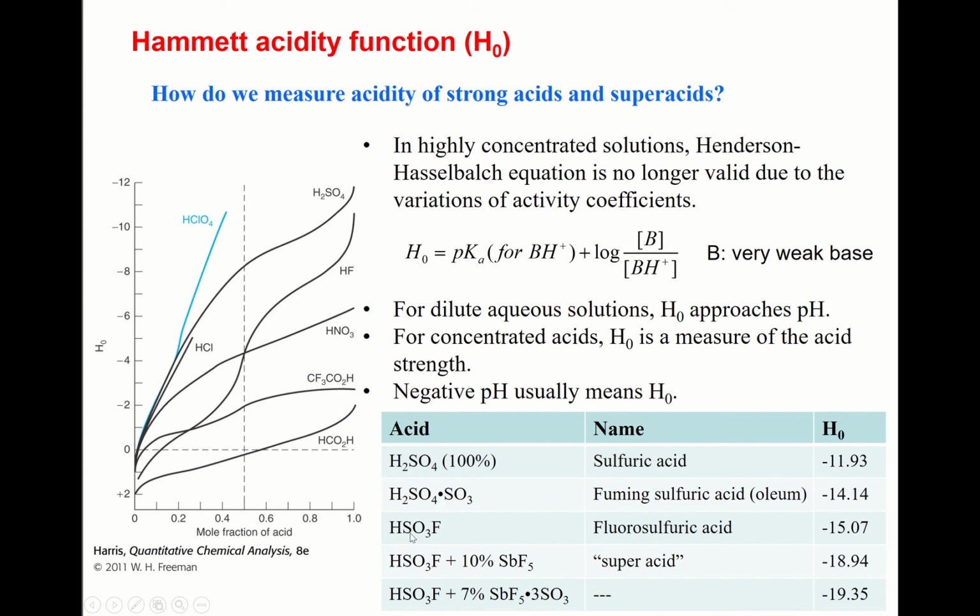Or this one, fluorosulfuric acid with 10% antimony pentafluoride. This is called a superacid. The acidity of those species is too strong, so in the ordinary way we cannot measure it. So Hammett asked: how do we measure the acidity of a strong acid or superacid?